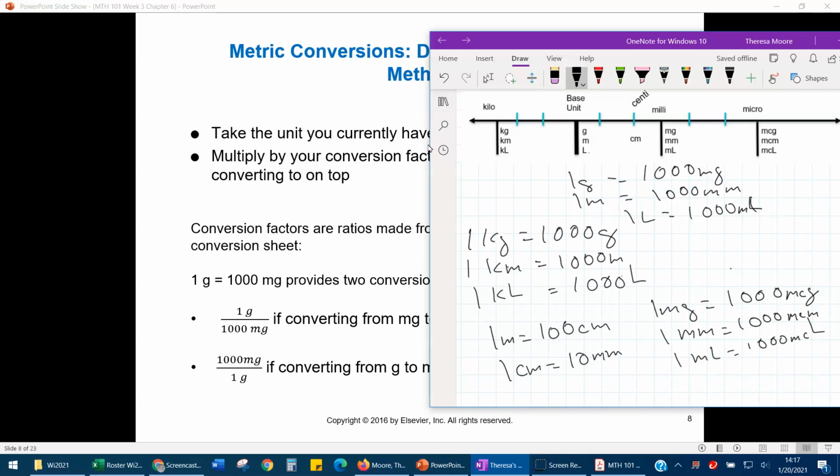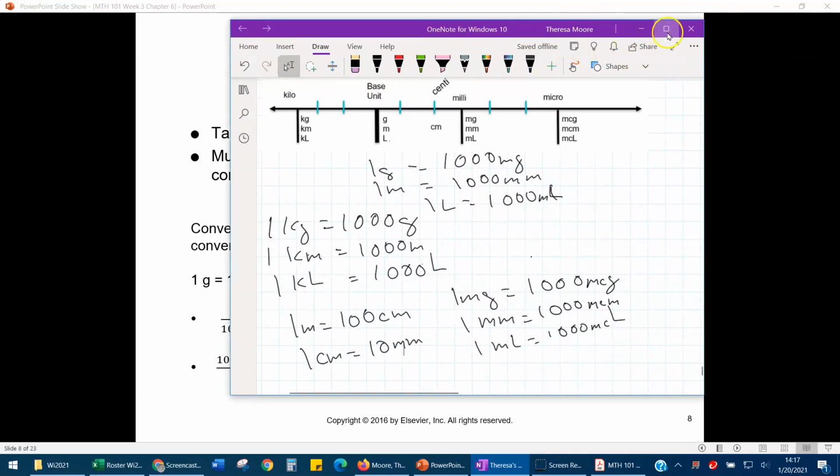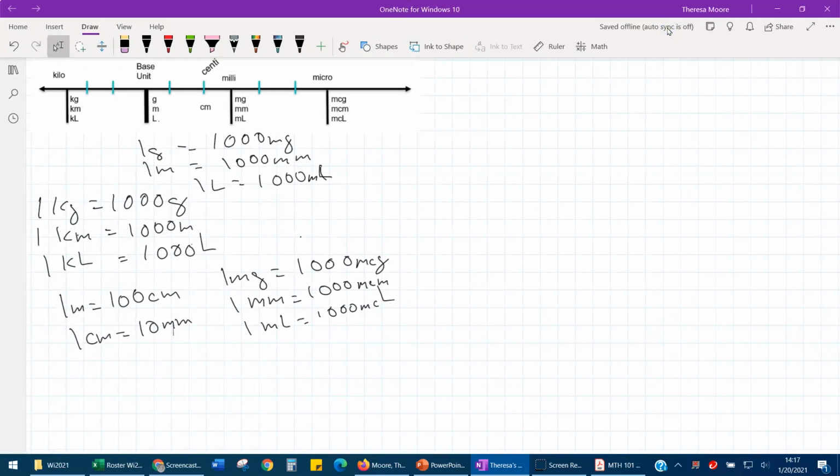So all of these equivalencies, you can either memorize them or derive them from the number line itself. But the thing about these equivalencies is they each produce two different conversion factors. The fact that we know 1 gram equals 1,000 milligrams is an equivalency.